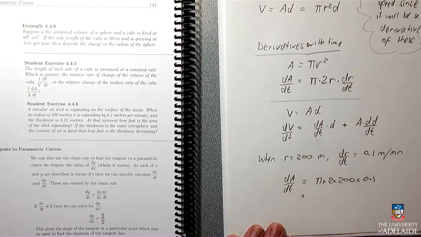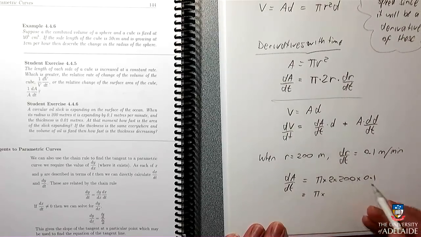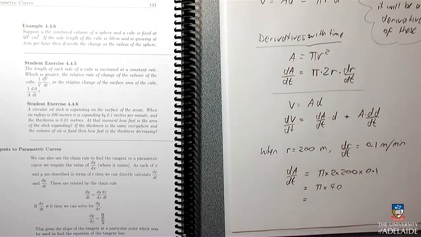Which would be 400 times whatever pi times 40 is, 120-ish. Need a machine to do that for me. Really must bring actual calculators to these things.